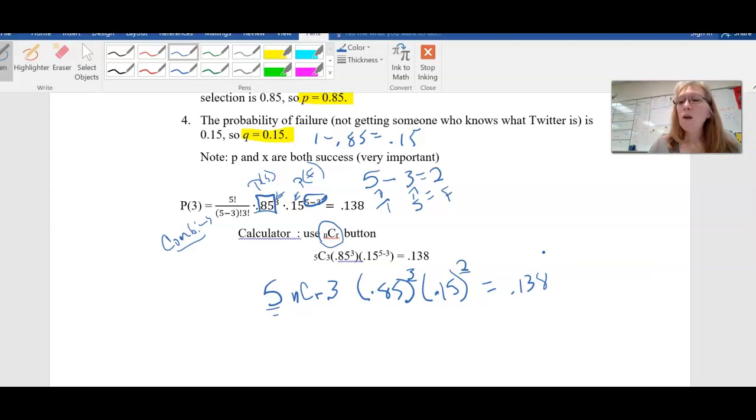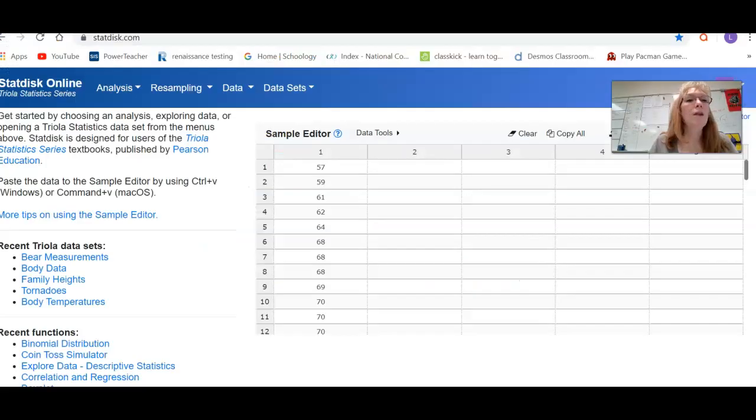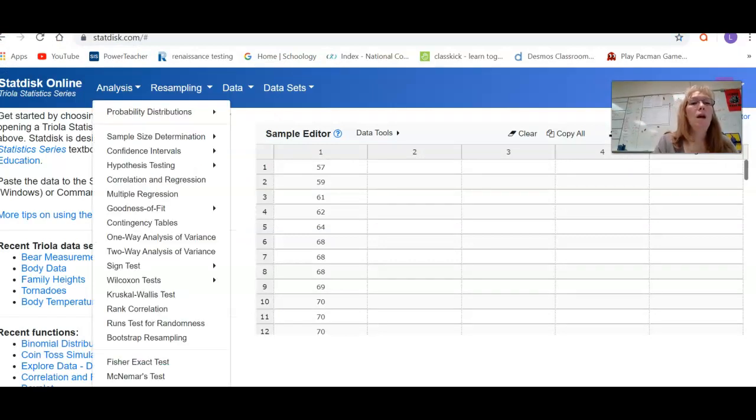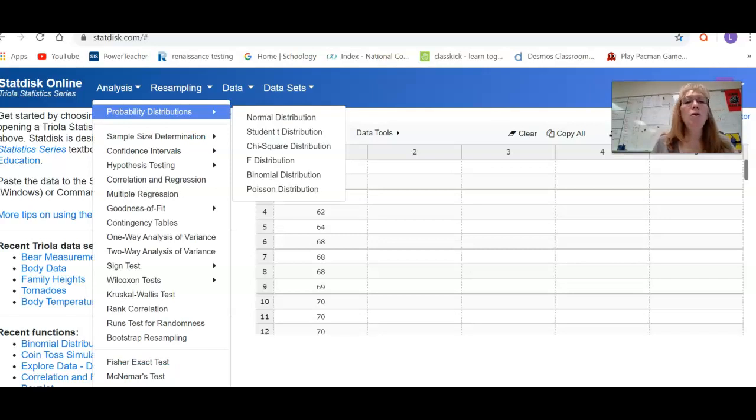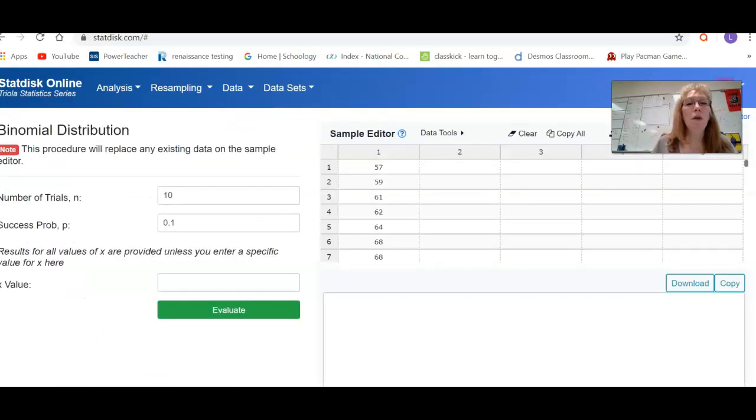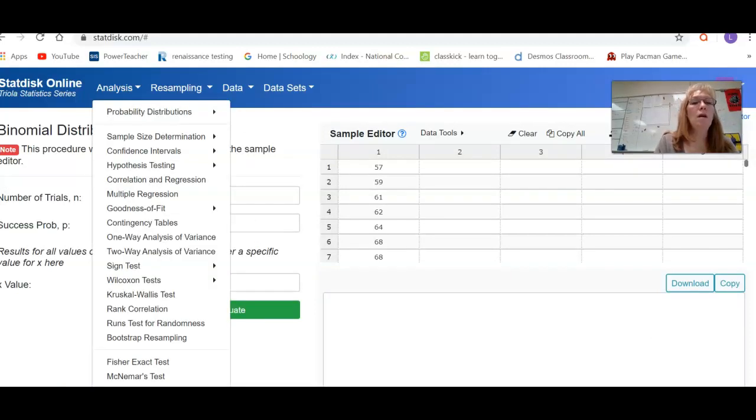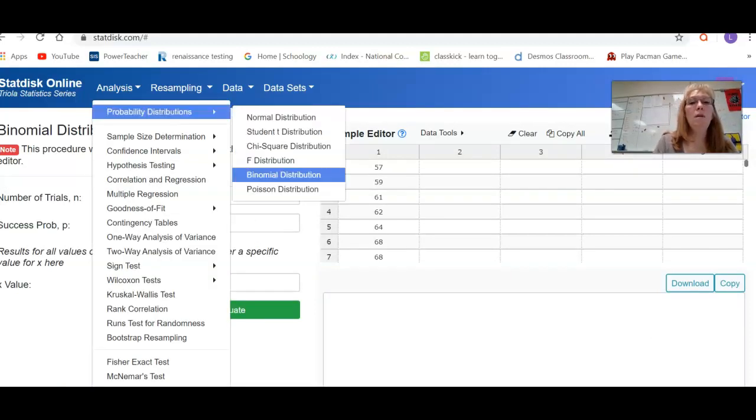Okay, next we're going to go on StatDisk. Let me pause. Okay, now that you got StatDisk open, you're going to hit analysis. You're going to go to probability distribution, and we are doing a binomial distribution. Analysis, probability, binomial.